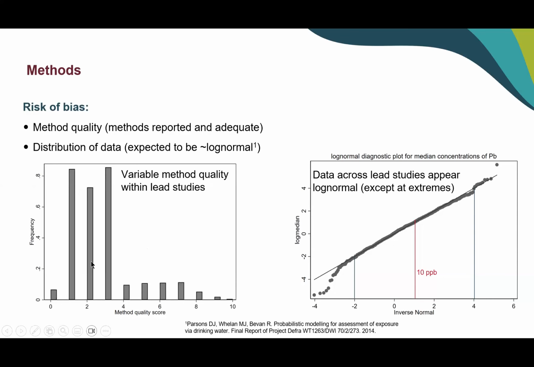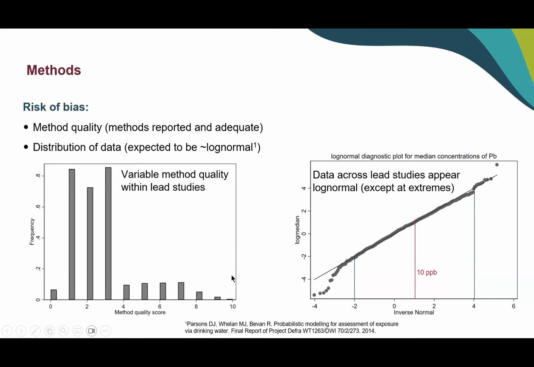In order to do that, we developed a method quality score where we assigned points for all the elements of the sample collection and analysis methods that are required to quantify lead and toxic metals at levels of concern in drinking water, so with part per billion sensitivity. When all of the expected items were present and adequately reported and described in the publication, we assigned higher scores.